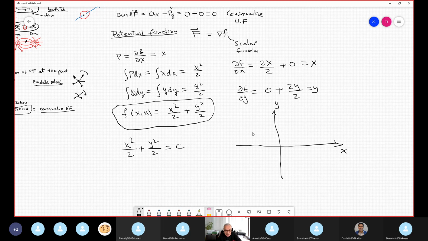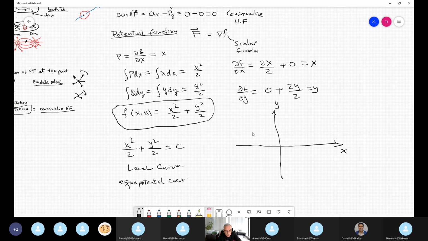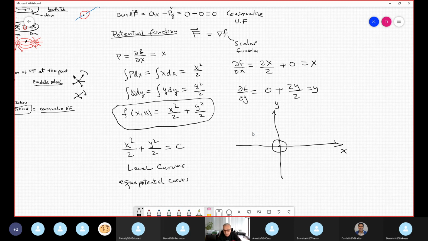I put equals c because I consider it like a level curve. Actually, it's not a level curve. It's an equipotential curve. It's a family, because C0 is a point, C1, C2, and so on, C3.